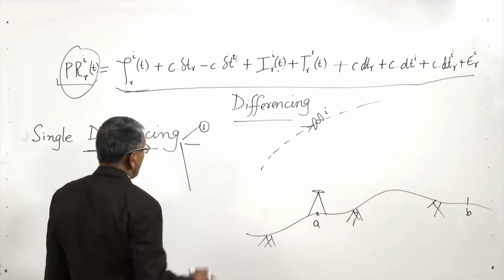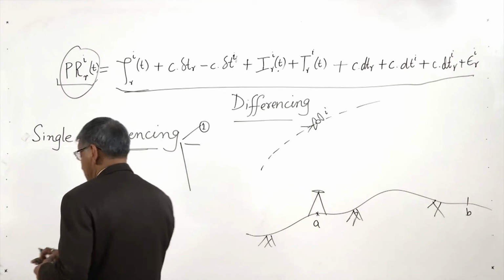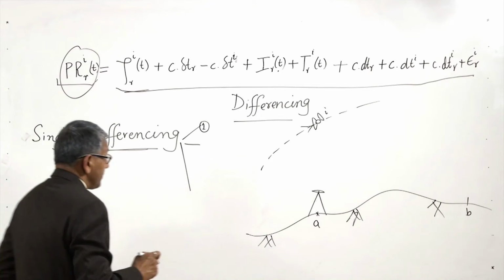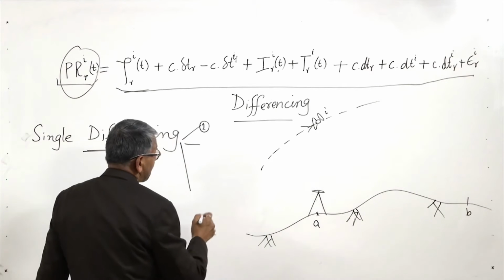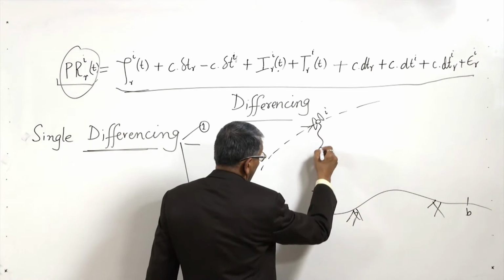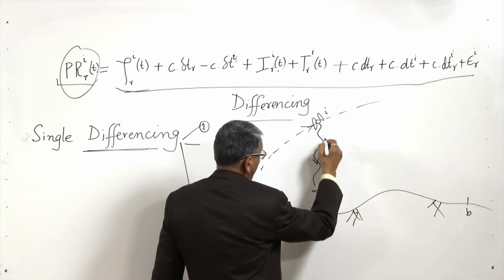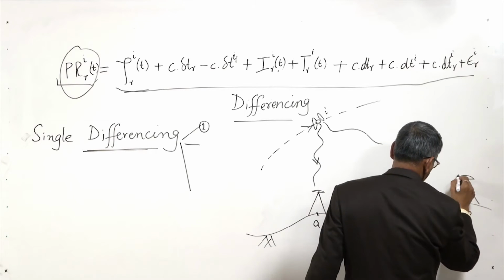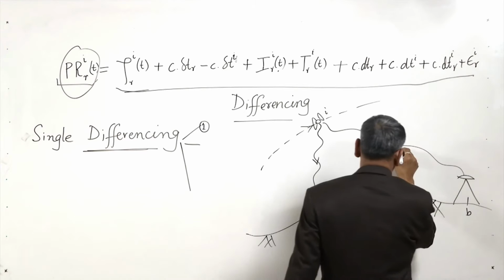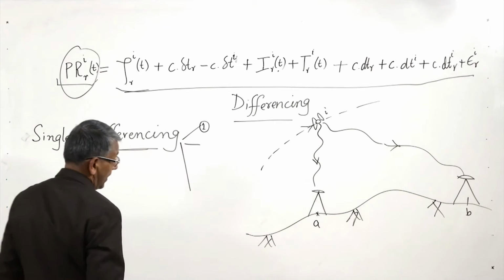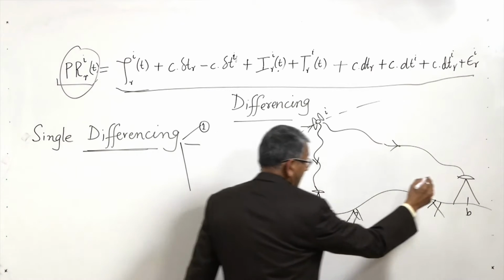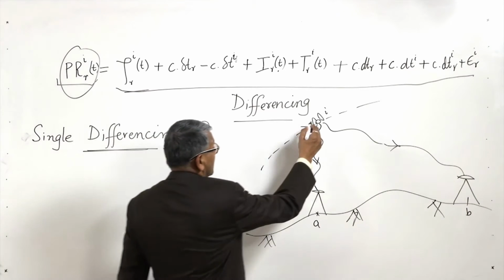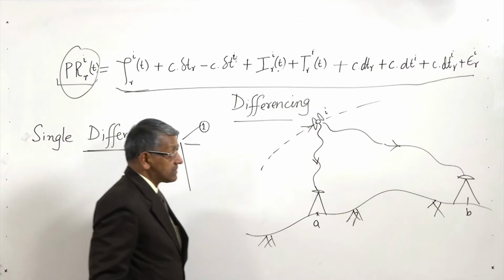In the first case, we take the difference of the observable between the receiver placed at A and the receiver placed at B from the same satellite and at the same instant of time.